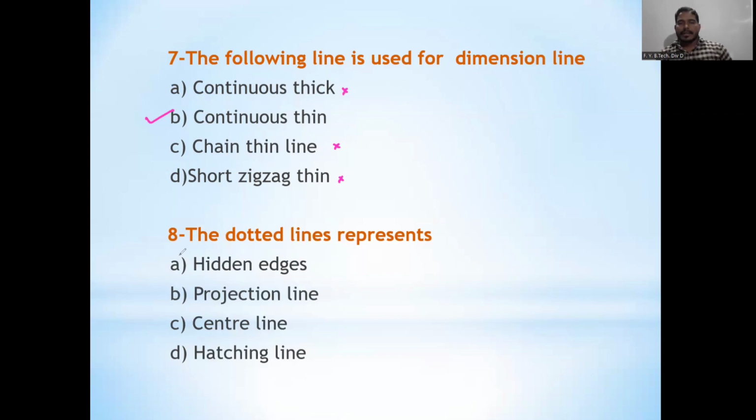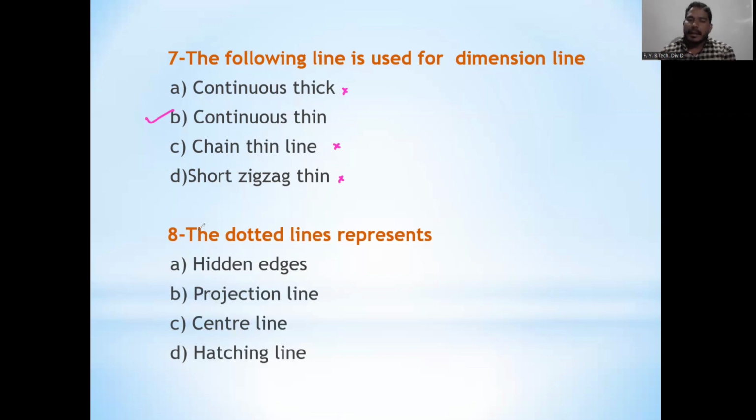Then next, the dotted line represents. Many times I told about this dotted line. When we are using the dotted line, it means something is not visible, any edge or content that is not visible from the front side, top side, or side view.